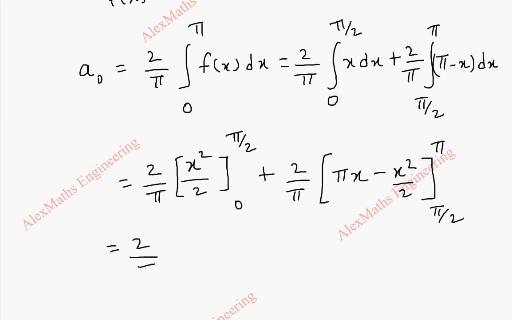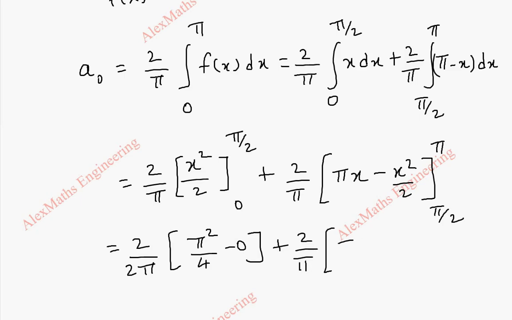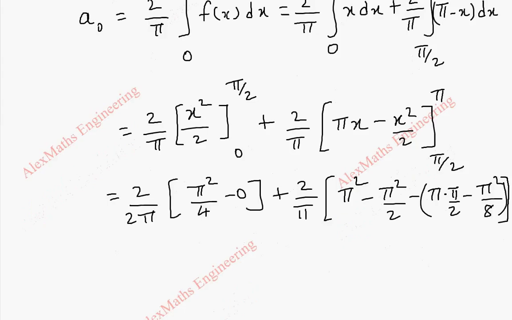Now this is 2 by pi, and even this 2 can be taken outside, leaving only x square. So if I substitute the upper limit, it is pi square by 4 minus 0, plus 2 by pi. When I put the upper limit, pi into pi minus pi square by 2, this is pi square by 2. When I put the lower limit, pi into pi by 2 minus pi square by 4, and already there is 2, so it is pi square by 8.